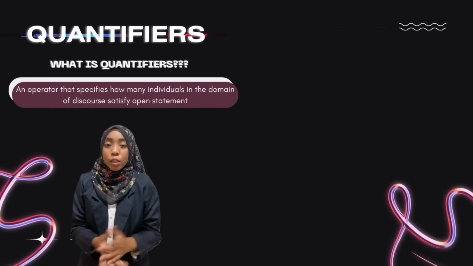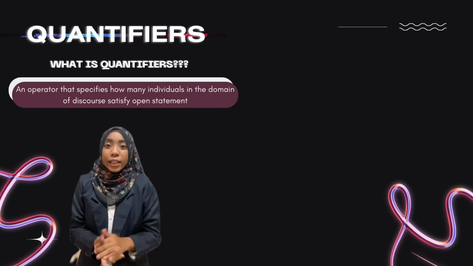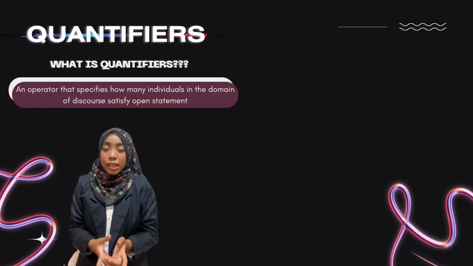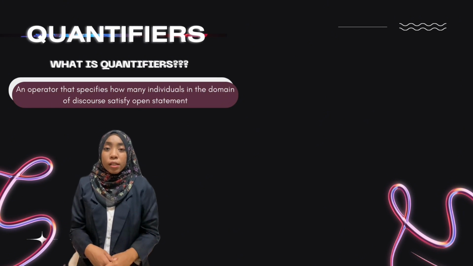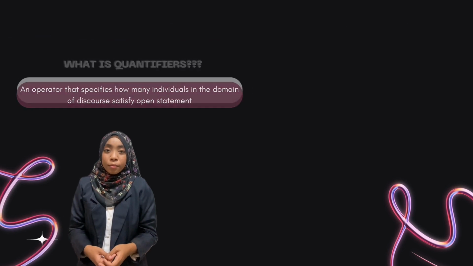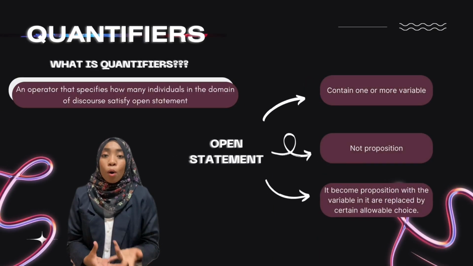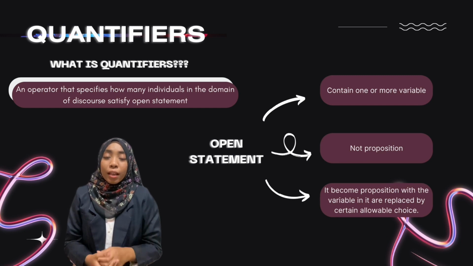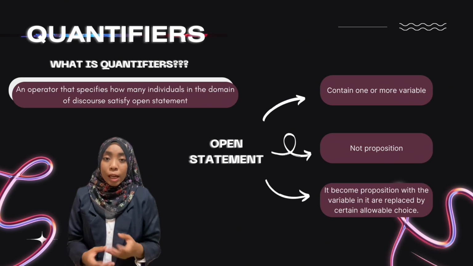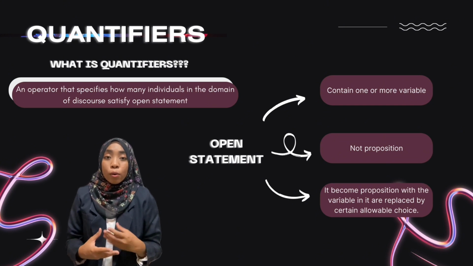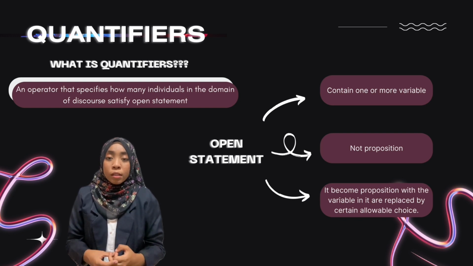Okay, what are quantifiers? A quantifier is an operator that specifies how many individuals in the domain of the source satisfy an open statement. What is an open statement? We can define a sentence as an open statement if it contains one or more variables.